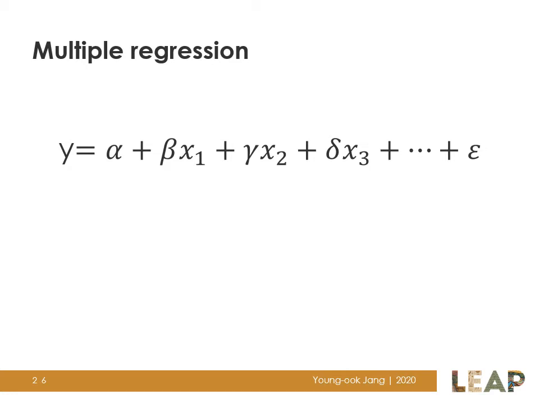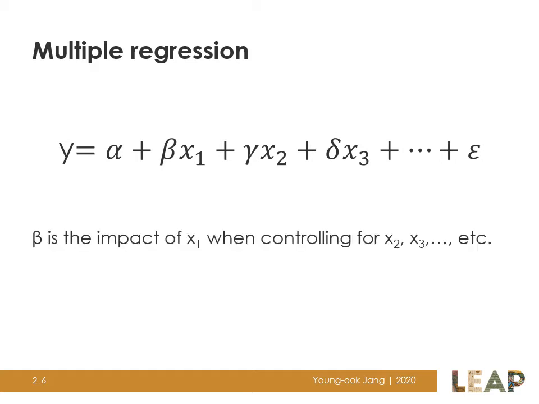And that's a single variable model. Then you can include more variables here, and this is called multiple regression. Now you can have x1, x2, x3, and so on. And here beta is the impact of x1 when controlling for x2, x3, and so on.